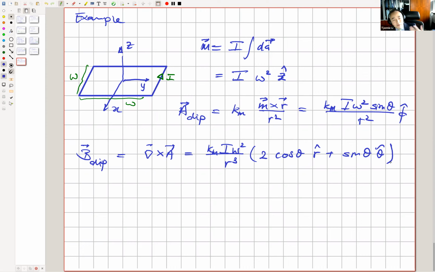Typically keep the first term, and then we're good to go. Any questions about these two examples? Again, the last example I went a little quick, but I just wanted to show you the steps that one would need to go through.